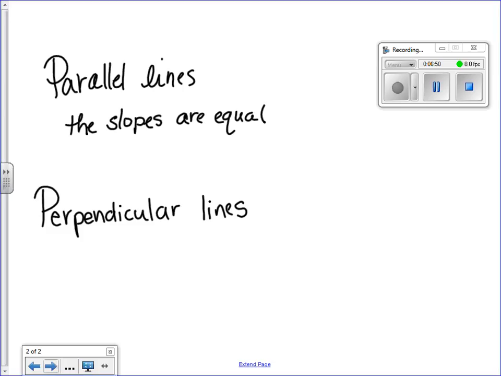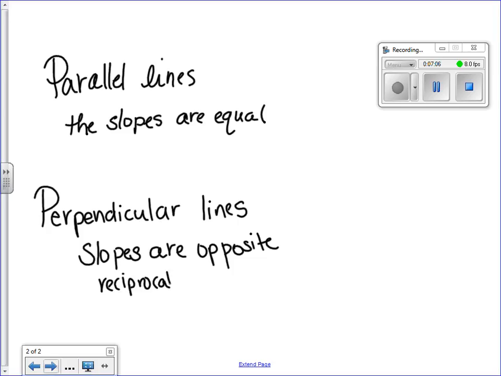Yes, they're opposite reciprocals or negative reciprocals. The slopes are opposite. Okay, great. Yes, very good.